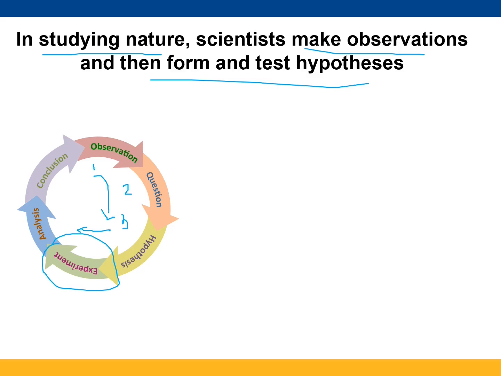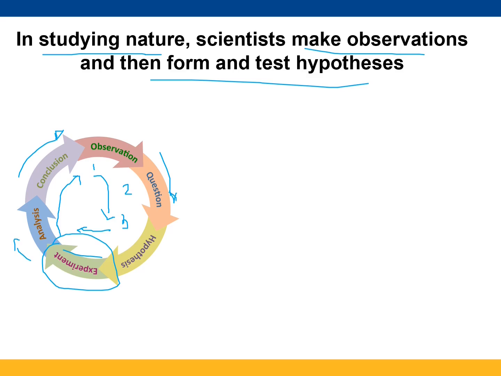Without experimentation, we're actually not doing any science. And based on your experiment, you analyze your experiments and develop conclusions, and as you can see in the arrows, this starts again and again. So you're constantly asking questions and testing them. And this is called the scientific method, as you watched in the video.